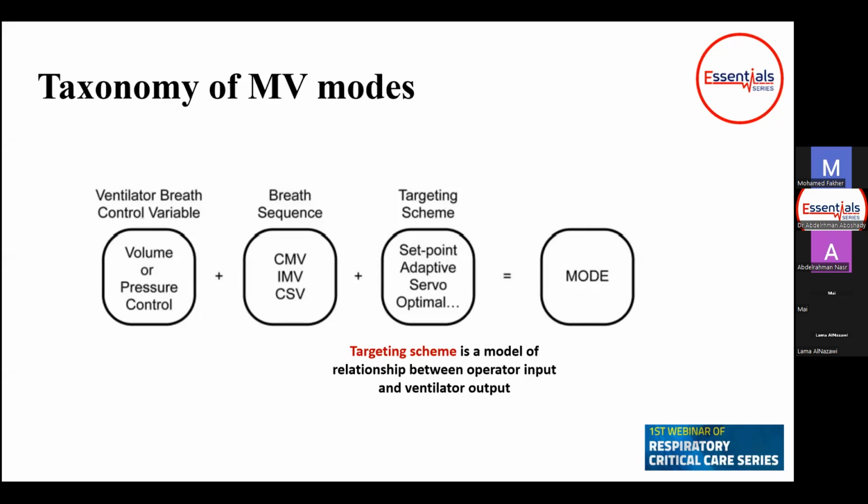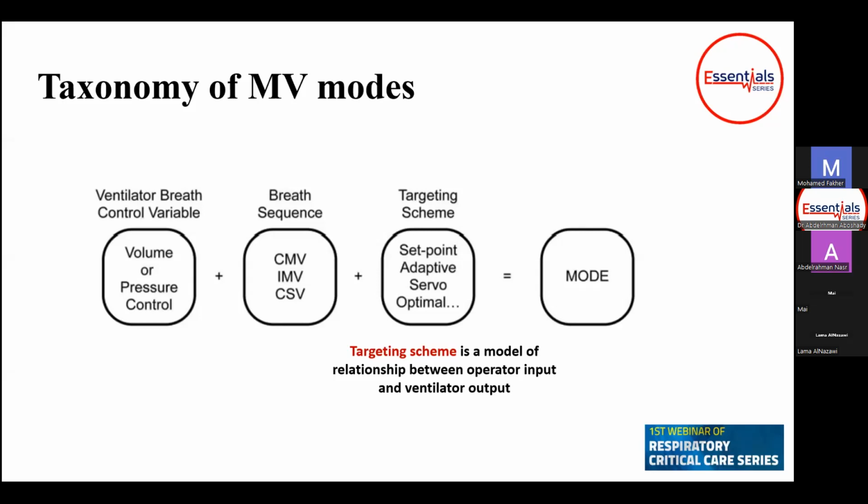But we have another targeting scheme that is related to our topic today, which is called adaptive targeting scheme. What is adaptive targeting scheme? The limit variable, which is the pressure, is automatically, without any change from the doctor, adjusted over several breaths to maintain the target volume.